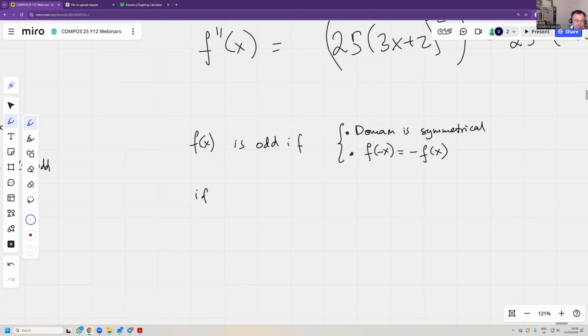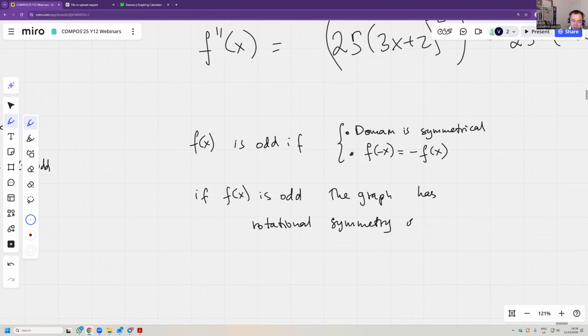And then if f of x is odd, the graph has rotational symmetry or point symmetry over the origin.